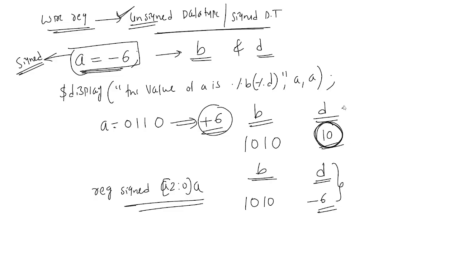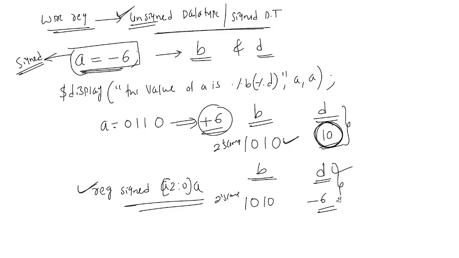If it is unsigned, in binary form it will display in 2's complement only. For signed numbers, you need to declare the data type as reg signed. In decimal it will display like -6. Did you get the point?